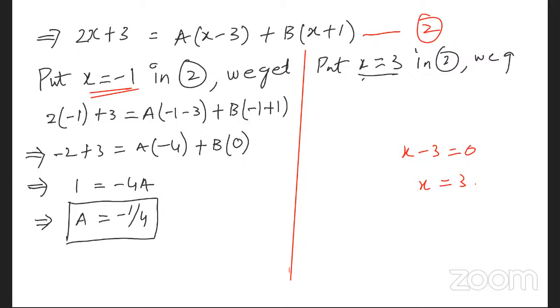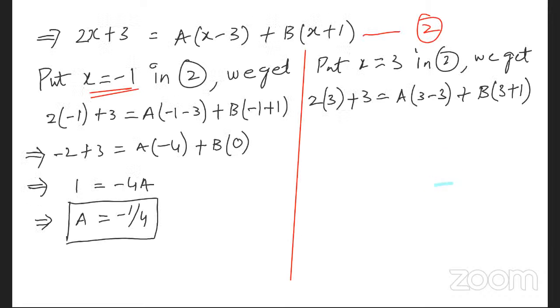What do we get? 2(3) + 3 = A(3 - 3) + B(3 + 1).